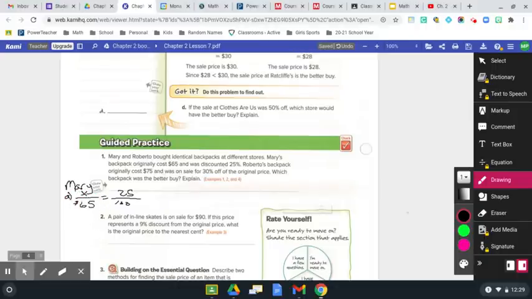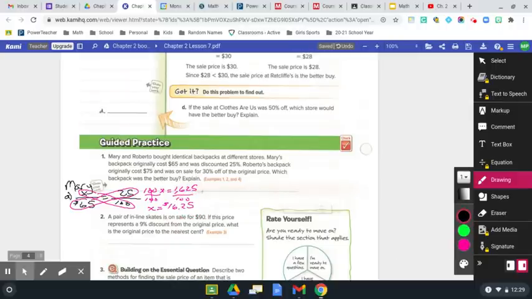Let's go through that process, so let's solve. 100 times X equals 65 times 25, which is 1,625. Divide. The discount on her backpack was $16.25.